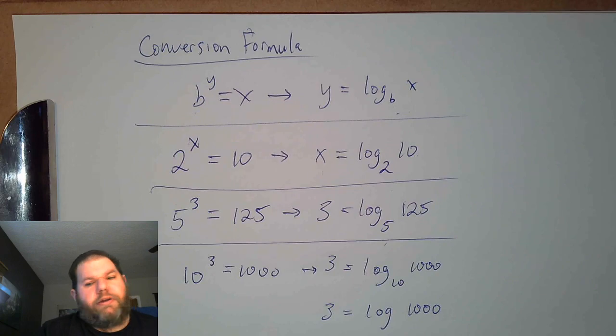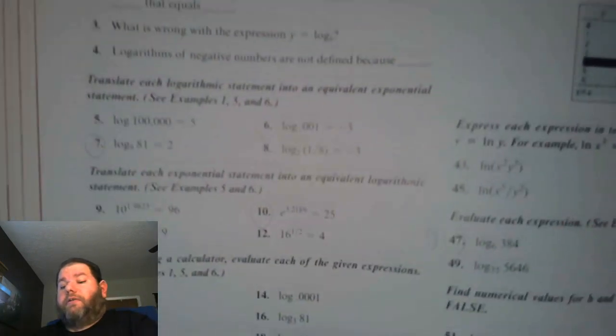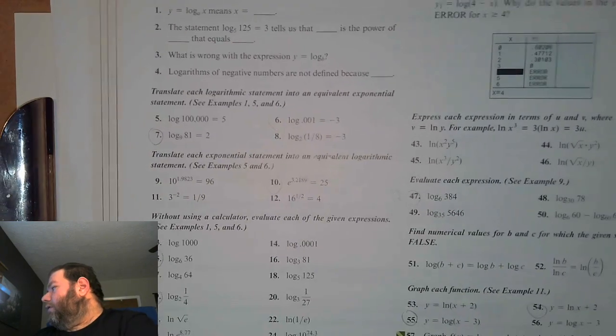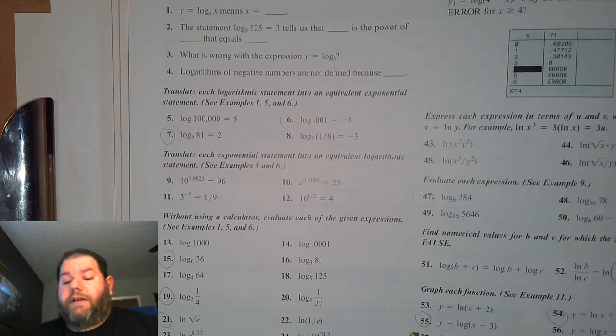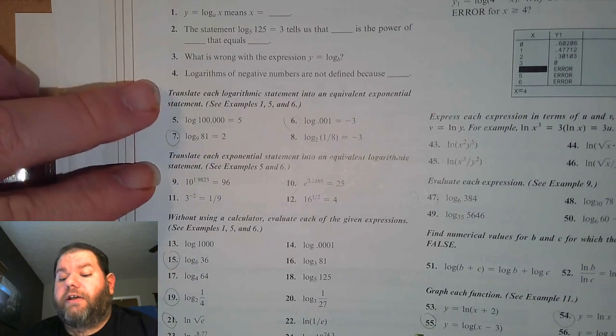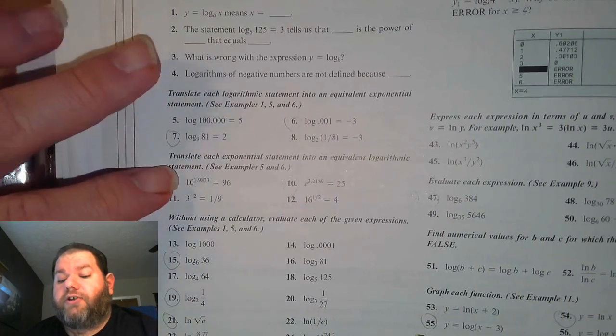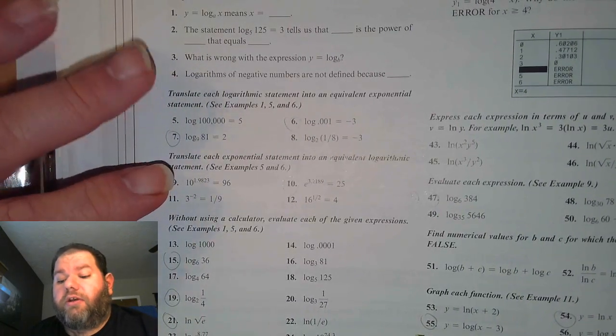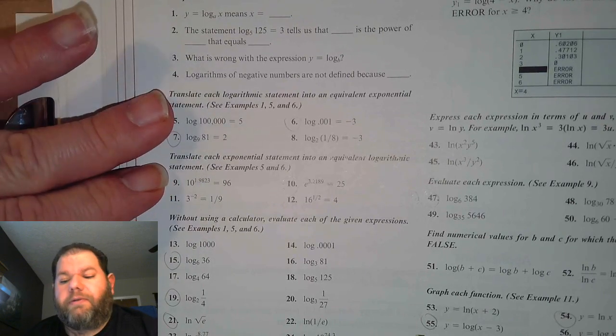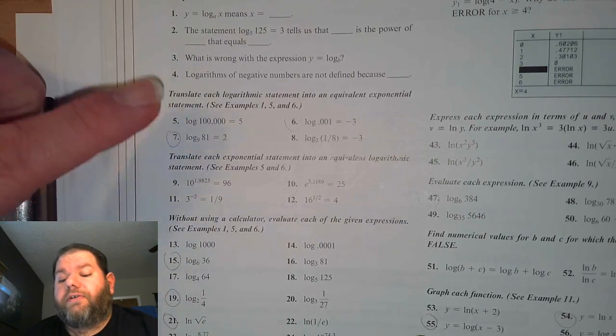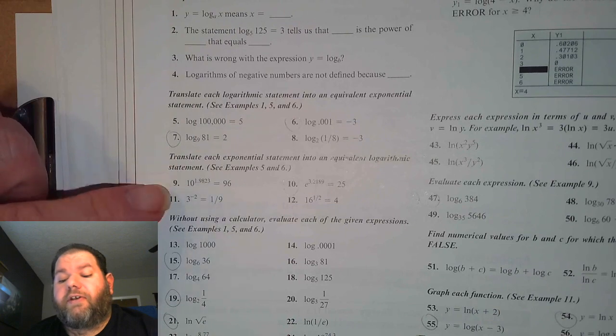So when you look at the problems in the textbook here, you can see the very first questions that they ask us are translate each logarithm or translate each exponential into an equivalent statement of the other type. So change all these logs to exponents, change all these exponents to logs.